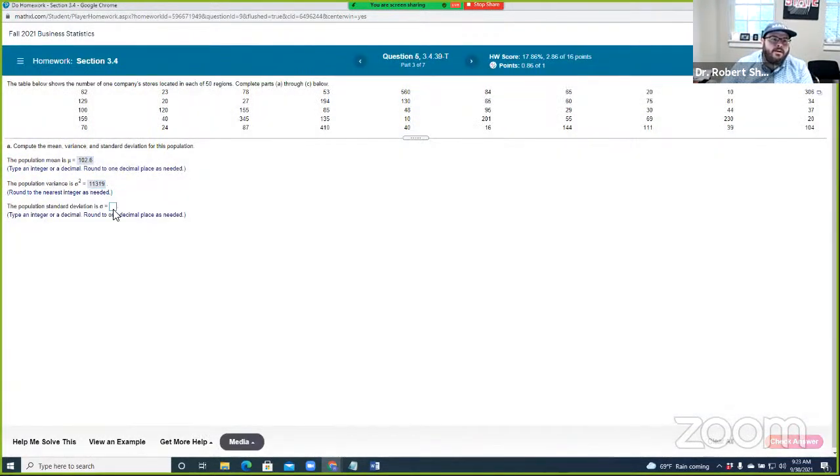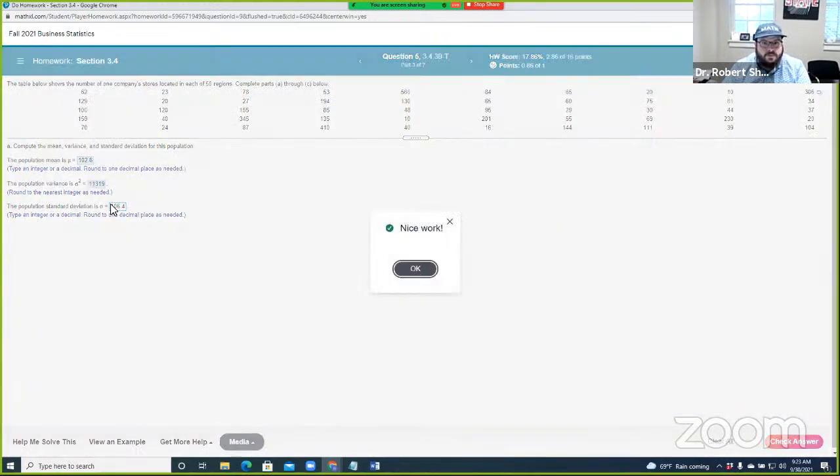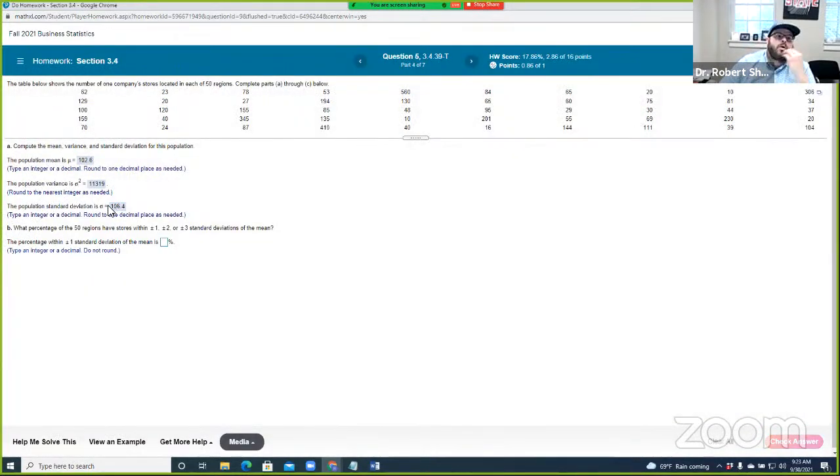The population standard deviation: now you can take the square root of this, that's fine, or you can just do that in StatCrunch. And you wind up with 106. Now they want you to round it to one decimal place, so 106.4. Hey, nice work.